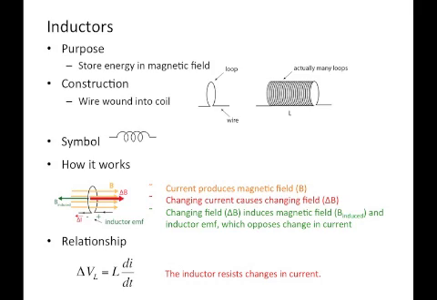And so that's represented right here. Essentially the potential across the inductor is given by the inductance, which again is just some property of how you made the inductor, times the time rate of change of the current. And essentially the overall thing is the inductor resists changes in current, tries to keep the circuit doing what it was doing before.